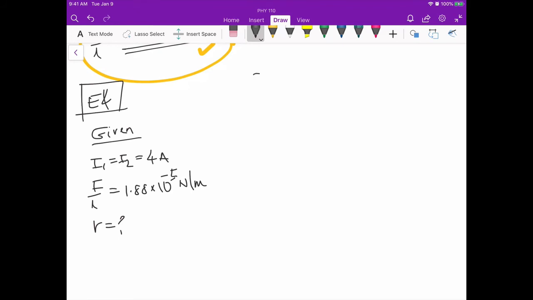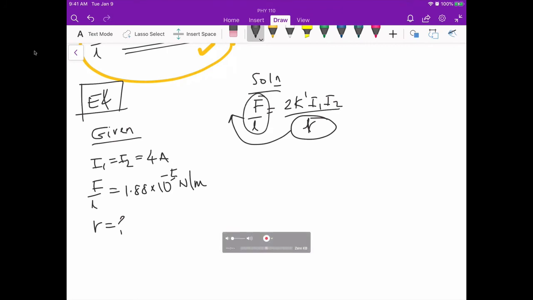So your solution will start from the very equation that you already know. The force over length is equal to 2 times K prime I1 I2 divided by R. Then you are asked to find this R. What you can do is take this to this side and this to that side, and you'll be fine.